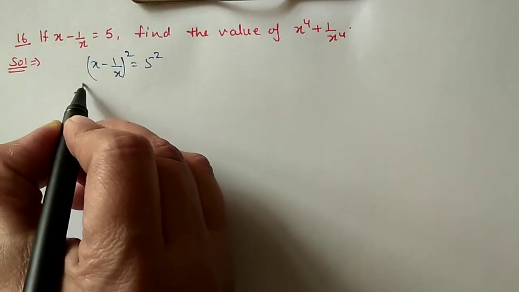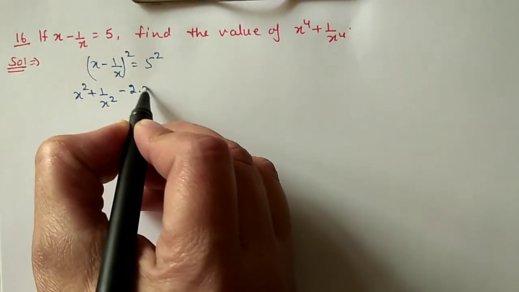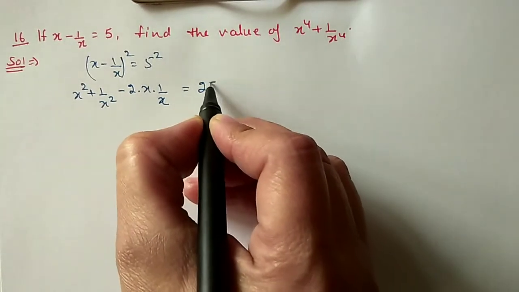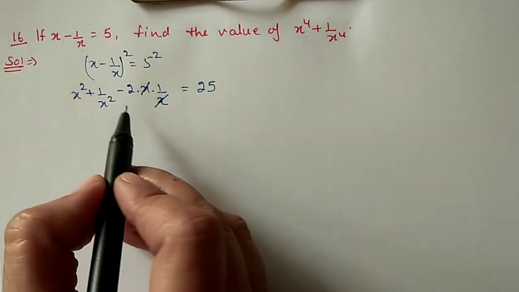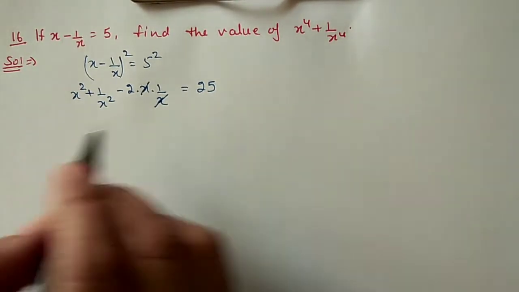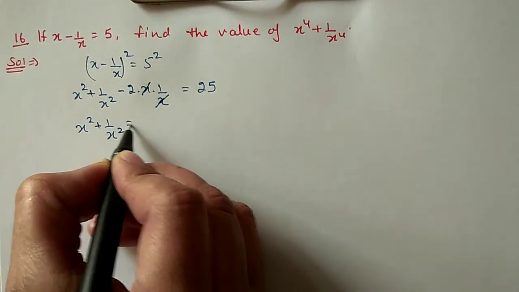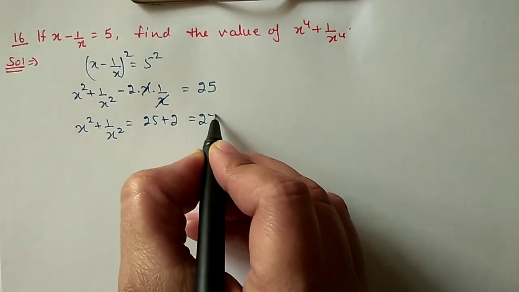So it will be x square plus 1 by x square minus 2 into x into 1 by x, and right side 5 square will be 25. Here x to x we can cancel out, and this minus 2 when we shift to the other side it will go for addition. So it will become 25 plus 2 equal to 27.